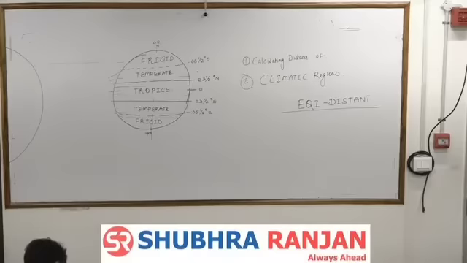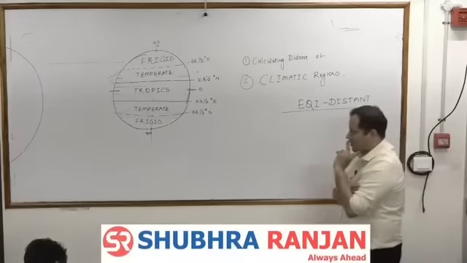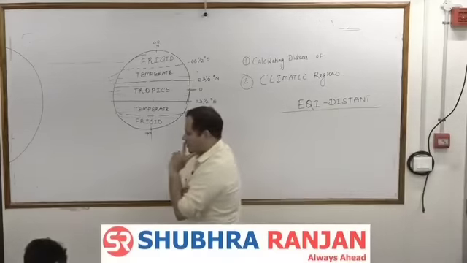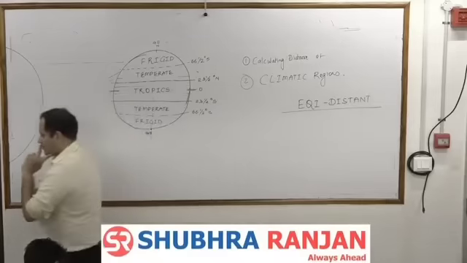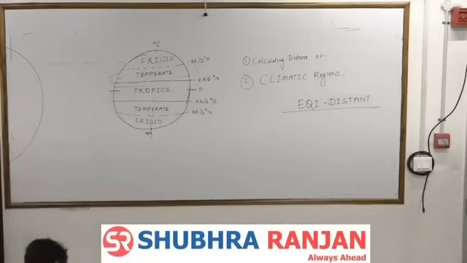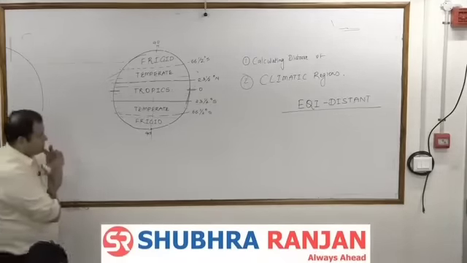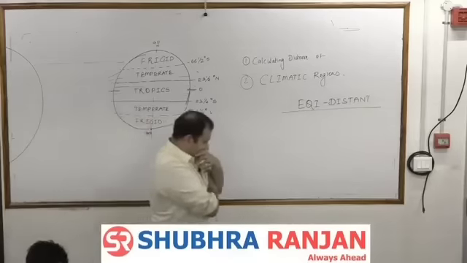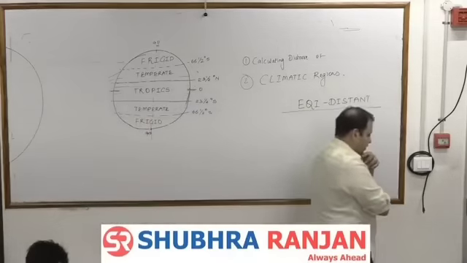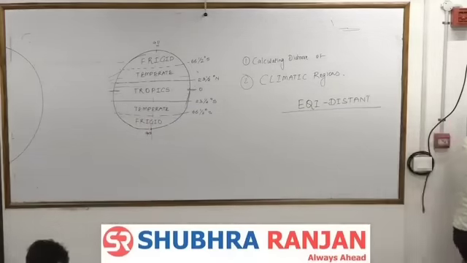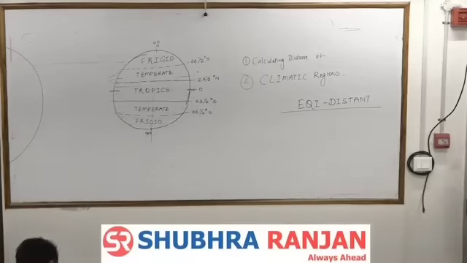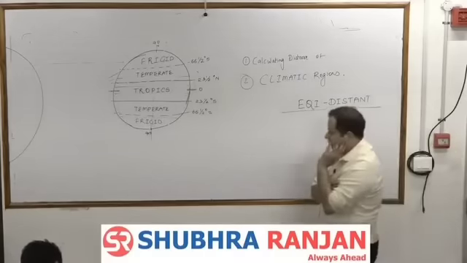It divides the Earth into northern hemisphere and southern hemisphere. 2, Tropic of Cancer and Tropic of Capricorn, that is 23.5 degree north and 23.5 degree south.